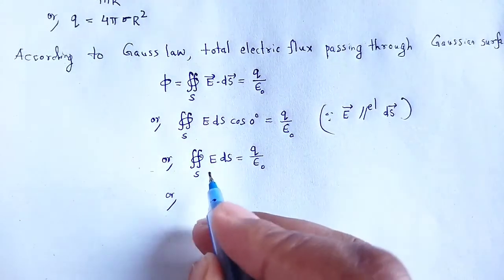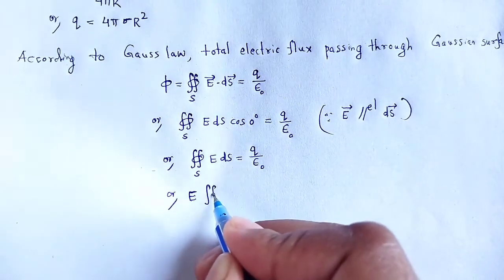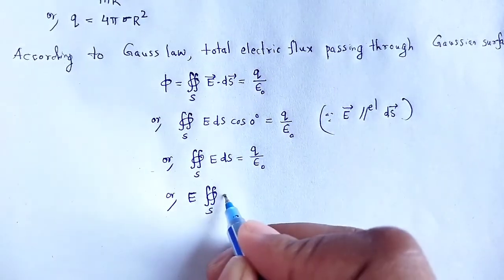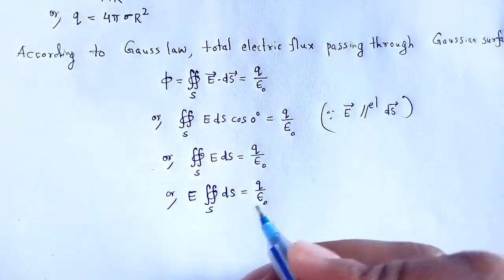First, E is a constant term over the Gaussian surface, so E times the closed surface integral over S of ds is equal to Q by epsilon naught.